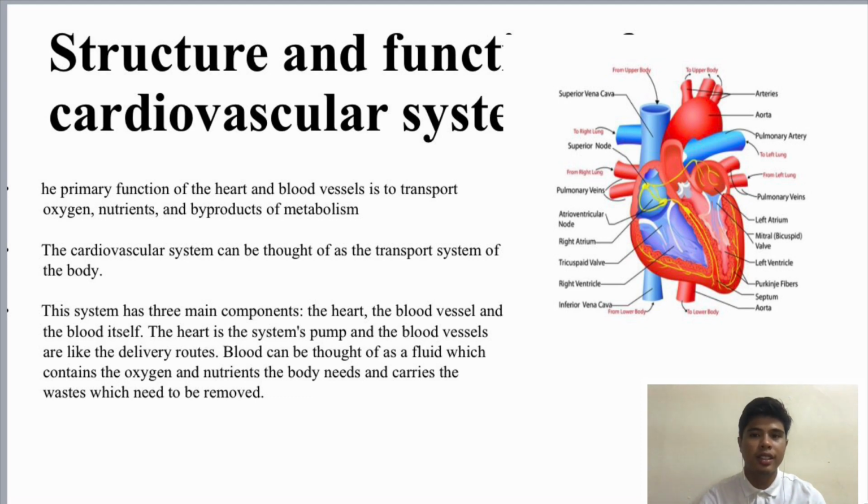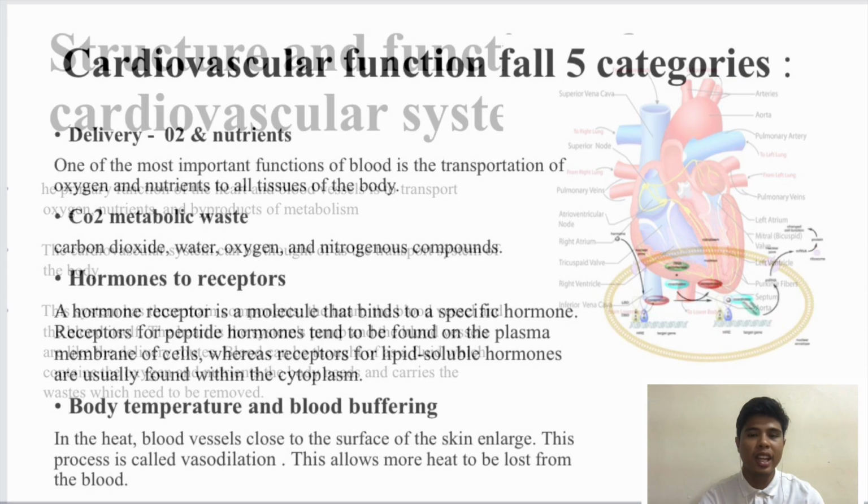The heart is the system pump and the blood vessels are like the delivery routes. Blood can be thought of as a fluid which contains the oxygen and nutrients the body needs, and it carries the waste which needs to be removed.